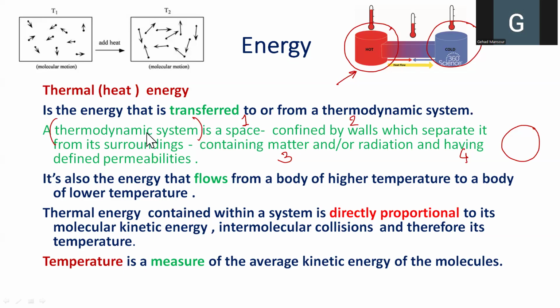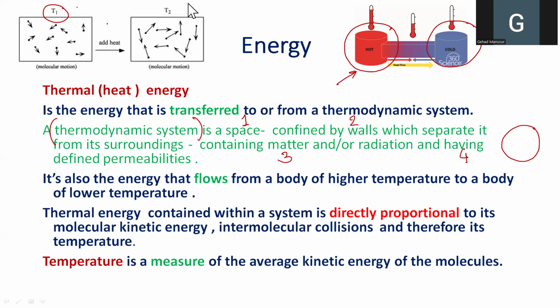But why does a body have a higher temperature and why does a body have a lower temperature? If we look at that diagram, say for example that on side A, the container to the left, the temperature is T1. And when we write the temperature in capital, then it is in Kelvin degrees and not in Fahrenheit.